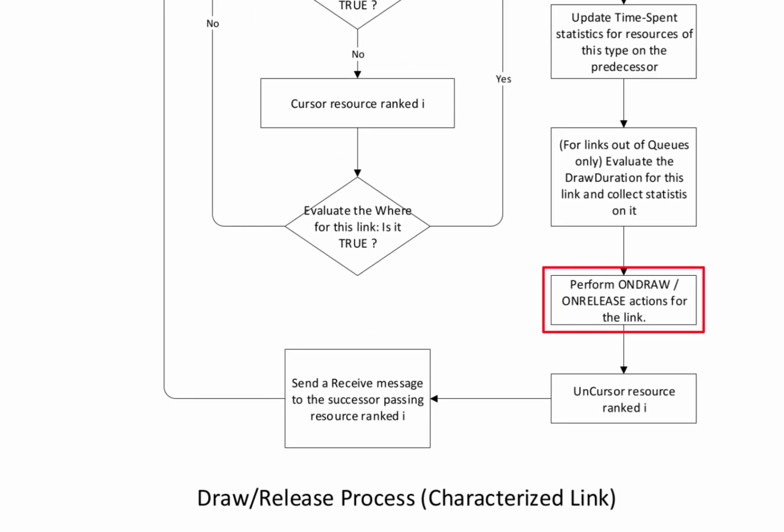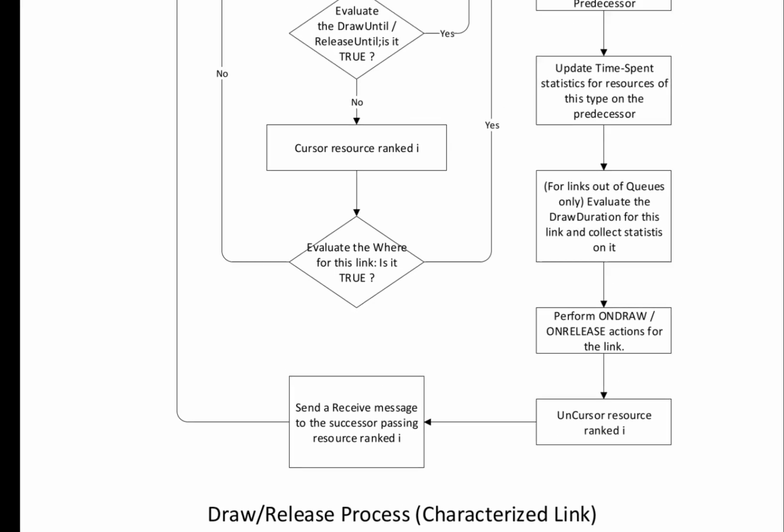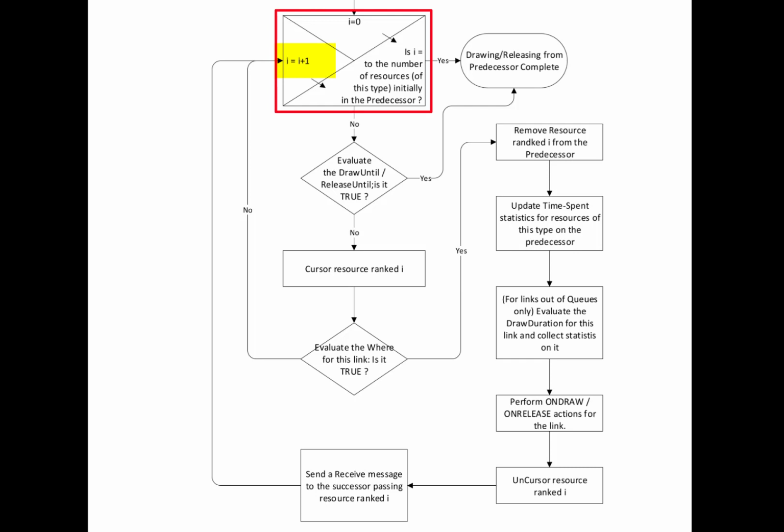Then it performs on-draw or on-release actions for the link, and then Stroboscope uncursors the resource ranked I and sends a receive message to the successor, passing the resource ranked I to the successor. Stroboscope then increments the index I to I plus 1 in preparation of evaluating the draw until again, cursoring the next resource ranked I, and evaluating the draw where expression for the next resource.